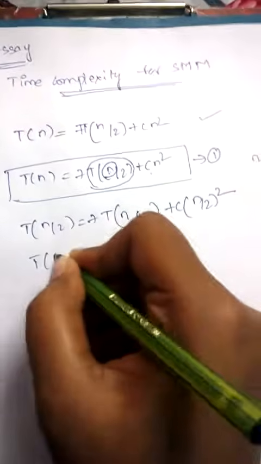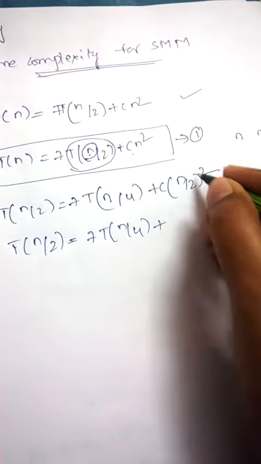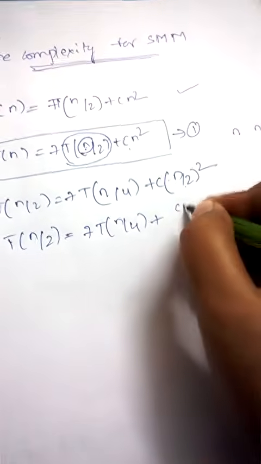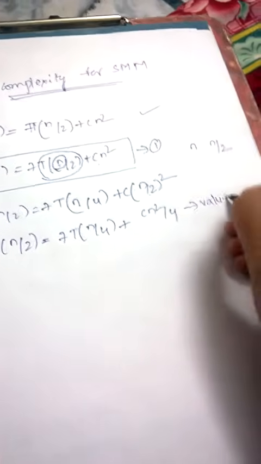So T of n by 2 is equal to 7T of n by 4 plus cn square by 4. This is the value of T of n by 2.